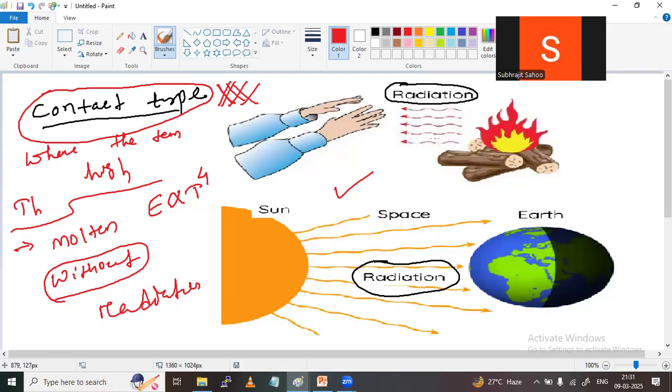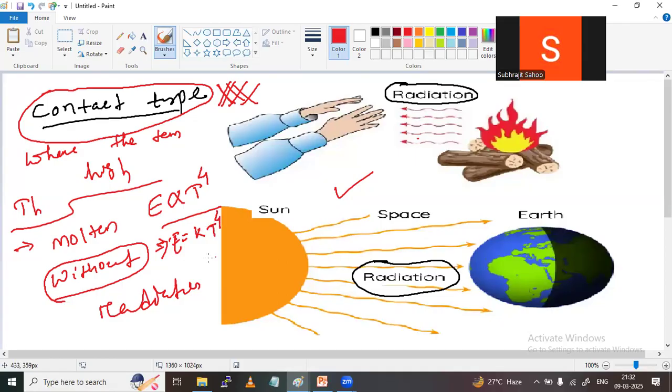Here, radiation is coming and a particular distance has to be maintained. So the total radiation is proportional to the fourth power of the surface temperature of that body. If we simplify, it becomes E equals K T to the power 4, where K or sigma, in some books K and in some books sigma, is called the Stefan Boltzmann constant.